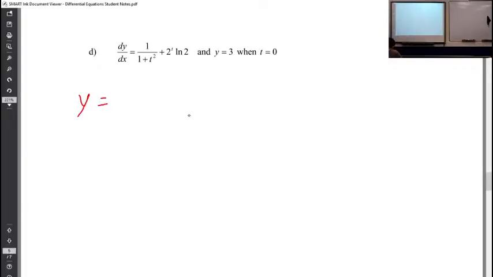One over 1 plus t squared. That is the derivative of inverse tangent. And we're using t as our variable instead of x, so inverse tangent of t.